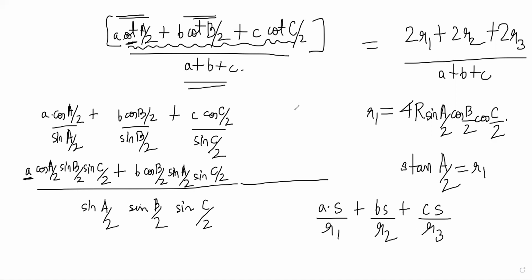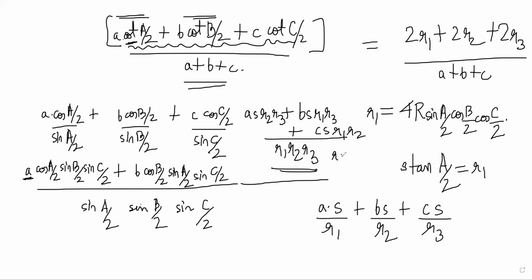So you will get R1 R2 R3 in the denominator, and AS R2 R3 plus BS R1 R3 plus CS R1 R2 on top. By the way, R1 R2 R3 we know is R S square, right?